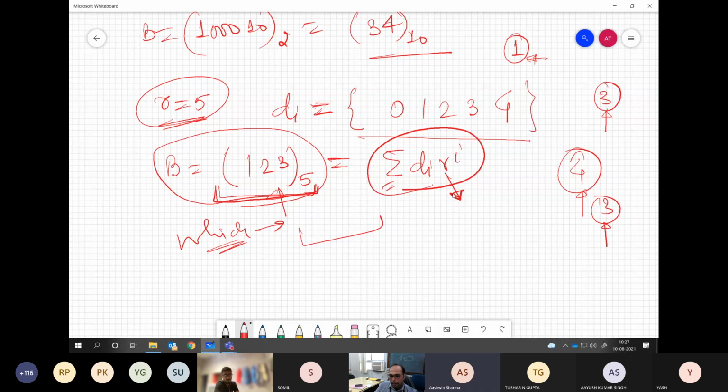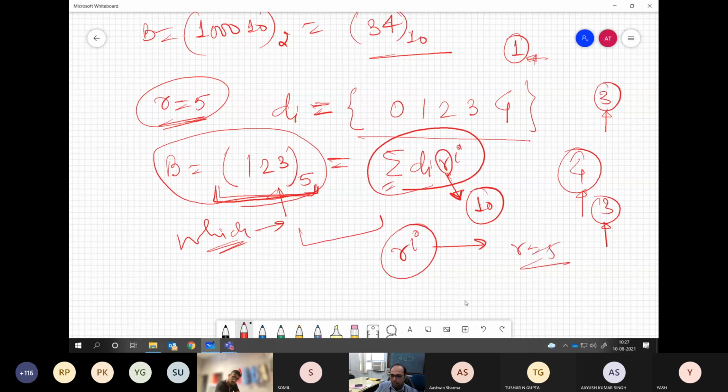Even r, when you are representing r and r raised to the power i, all that is happening naturally at base 10. You don't know what r raised to the power i is in some other number system, let's say r equal to 5. Getting my point? Yes, sir, I got it.